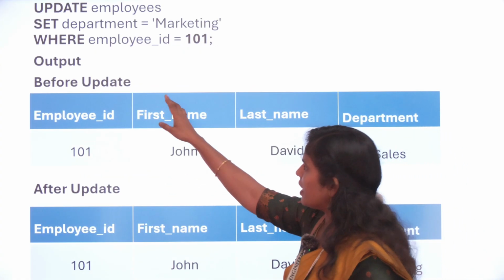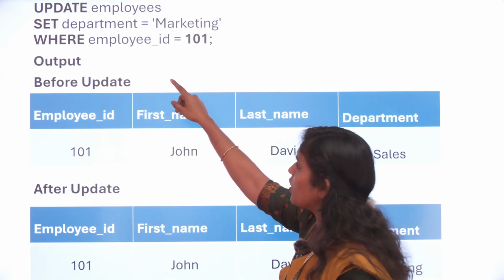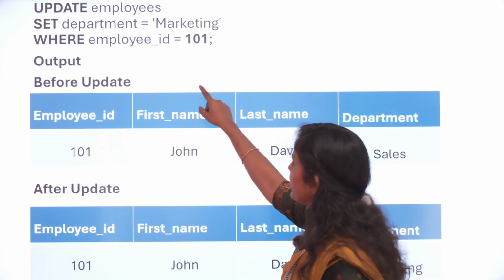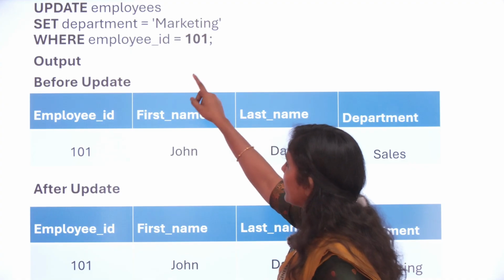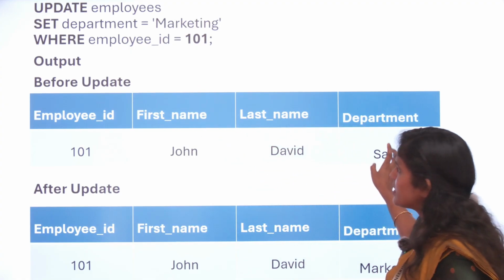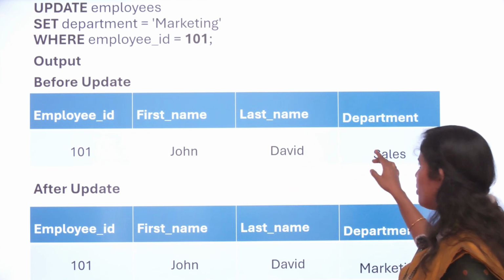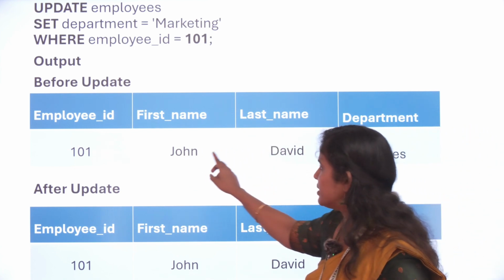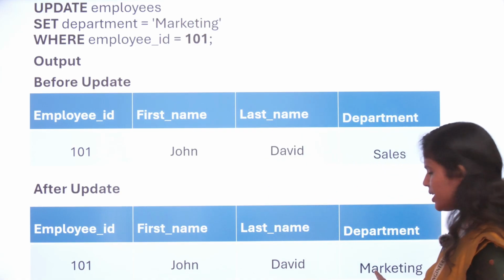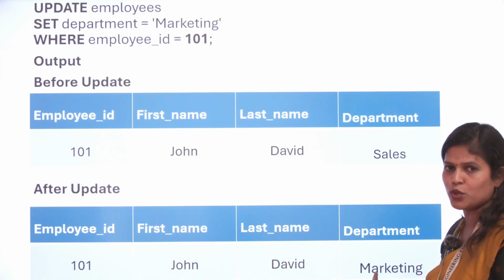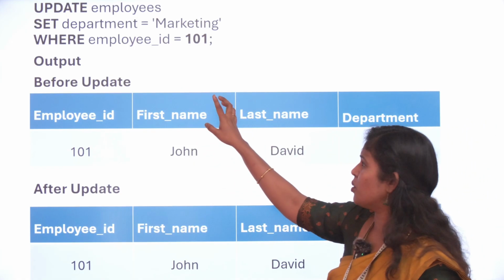Here you can see that what we want to do is update the employee ID 101, whose department should change from sales to marketing. This is what we want to change. Before the update, their department is sales, and after the update their department is updated to marketing.